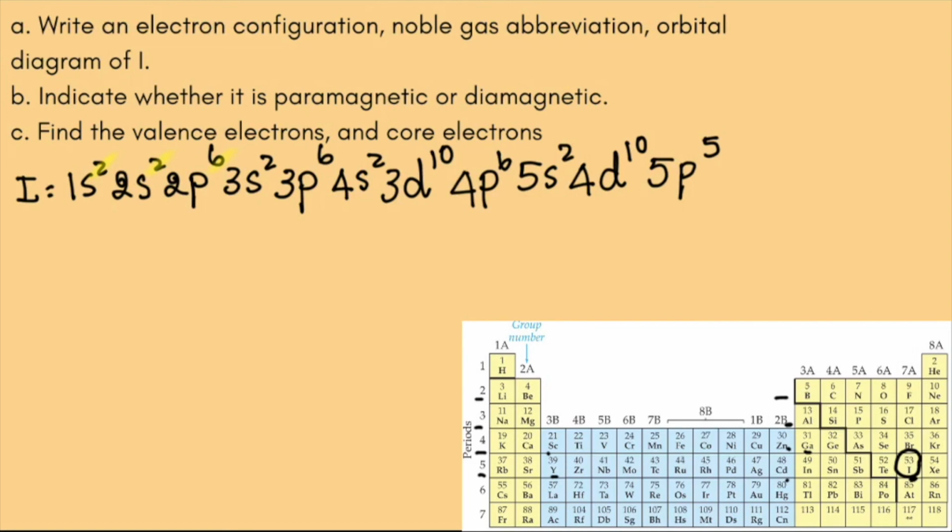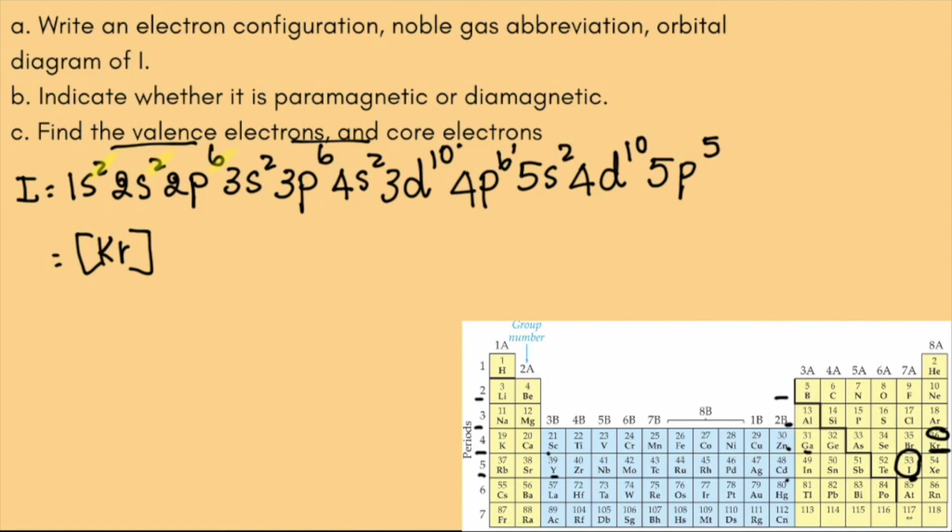Noble gas abbreviation: since iodine is close to krypton, we can use krypton instead of argon and neon because those are so far. So krypton, which accounts for 36 electrons. You can count 10, 20, 30, 36.